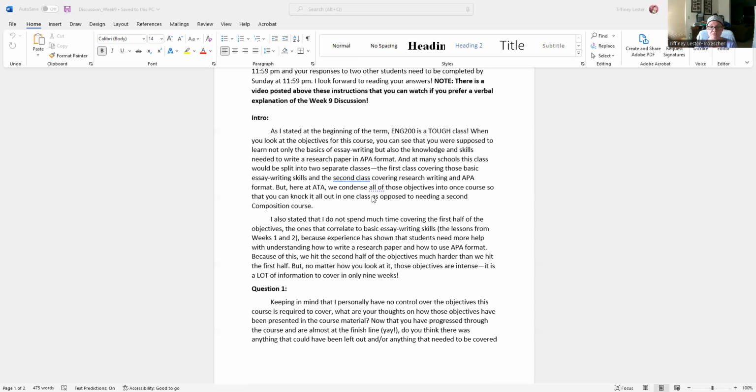At a lot of schools, this class would actually be split into two separate classes. The first class covering those basic essay writing skills, like a Comp 1 class, and then the second class covering research in APA format, like a Comp 2 class.